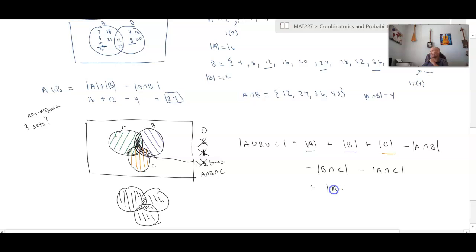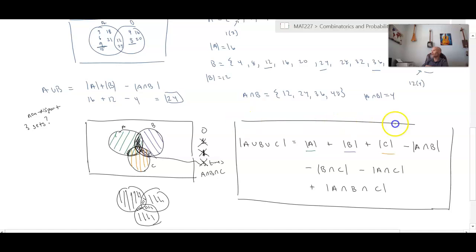So we would add in the intersection between A and B and C because it was originally counted 3 times, but because we started off by subtracting away the overlaps between any 2 of them, we have completely removed it from the count, and now we're going to count it back in. So you can see that this formula gets quite a bit more involved than for non-disjoint sets involving only A and B.